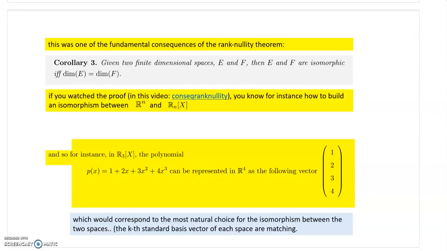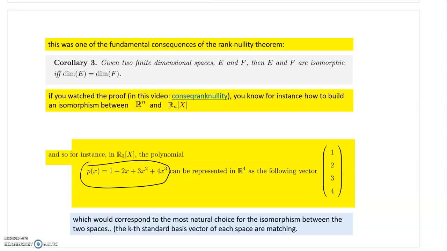And the good thing with this kind of representation is that now that I've built this very standard isomorphism, I can represent any polynomial from Rn of x as a vector from R n plus 1.